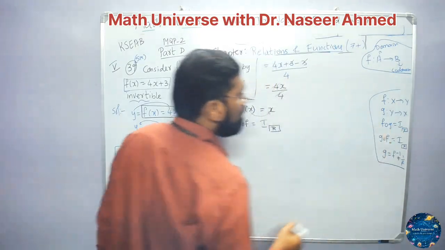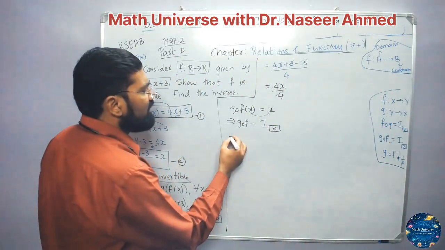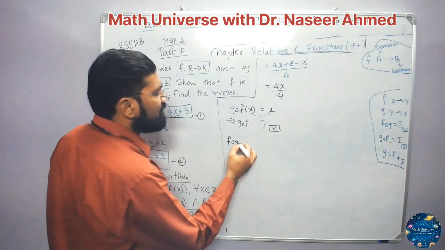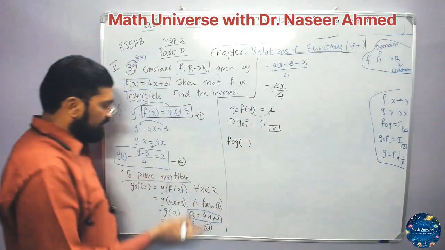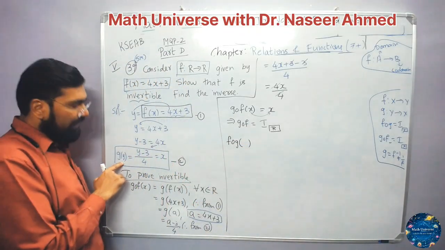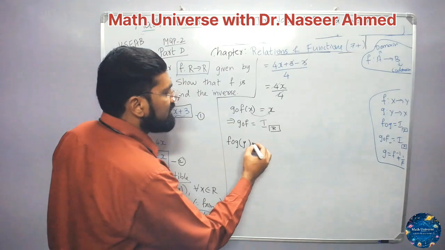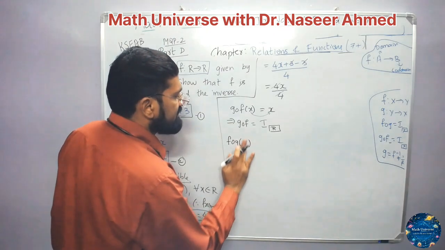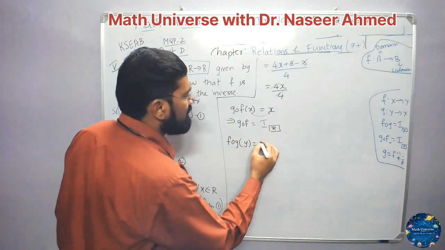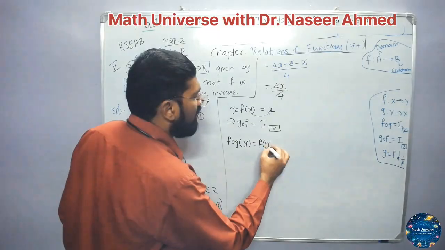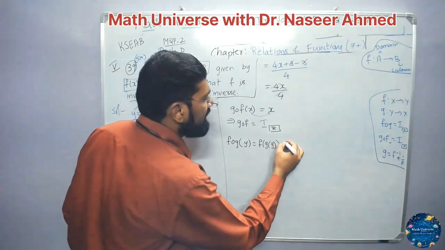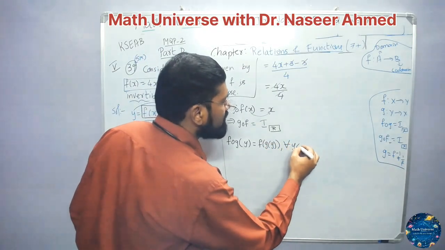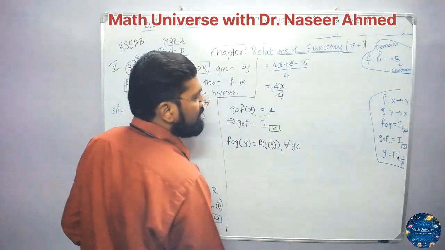Now we have to go for FOG. Same procedure. F composition G. Now what to write? Which element? Come to G. What's the element here? Y. So start with Y, which is same as, write properly, f of g of y. And again this is true for all y belongs to. See carefully.